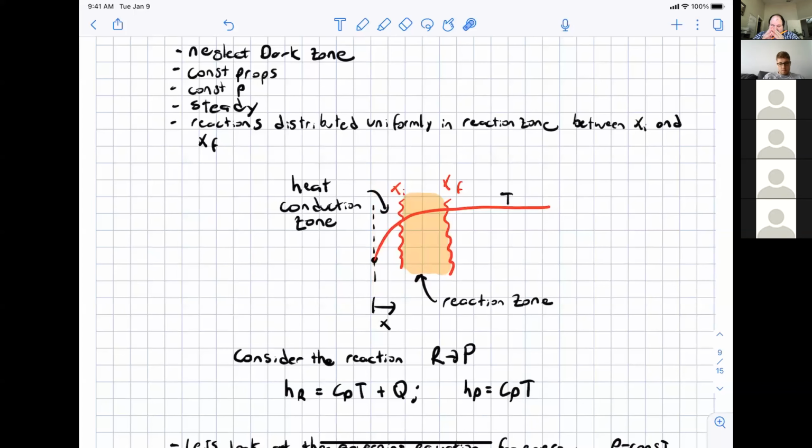If you do realistic assumptions, like you are for your computer project, you have to go to the computer to solve these equations in the gas phase zone. There's no getting around that.